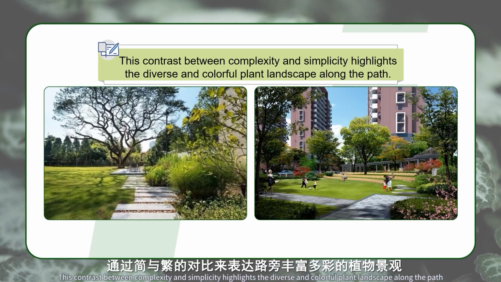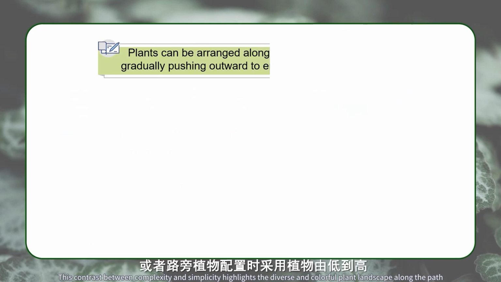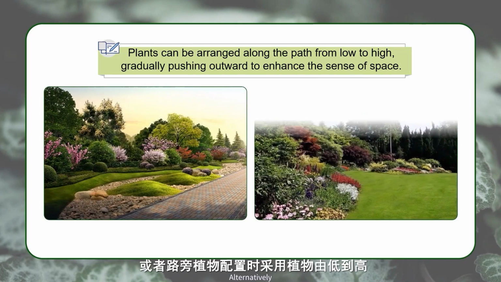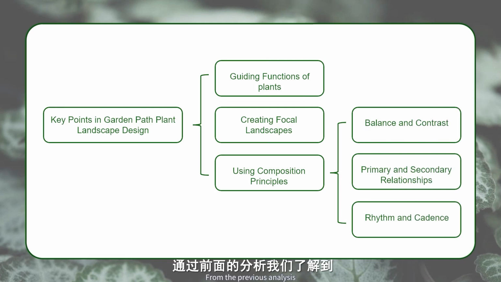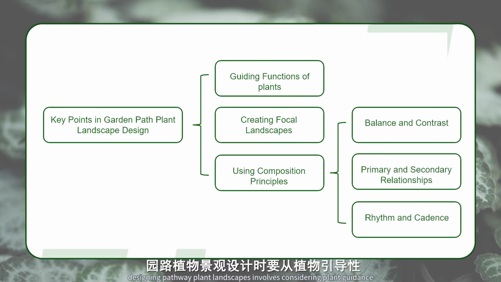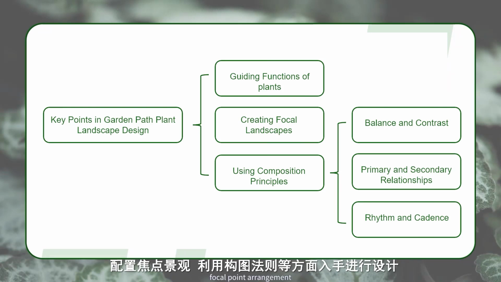This contrast between complexity and simplicity highlights the diverse and colorful plant landscape along the path. Alternatively, plants can be arranged along the path from low to high, gradually pushing outward to enhance the sense of space.